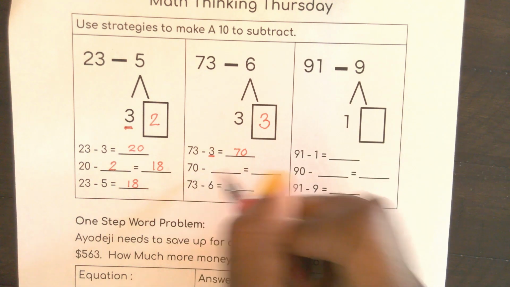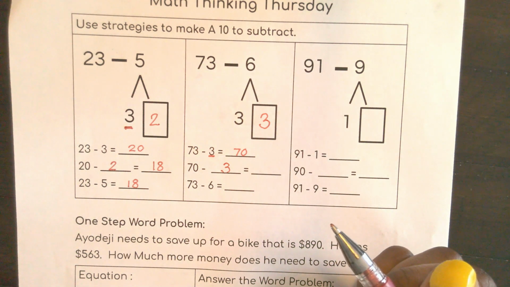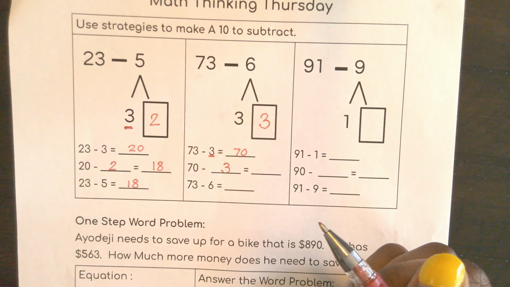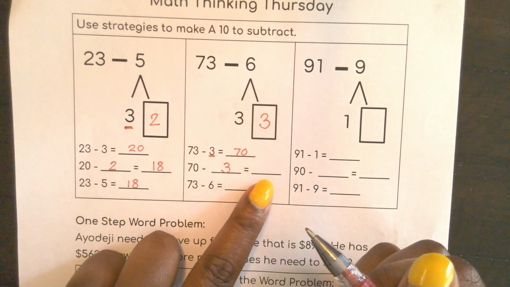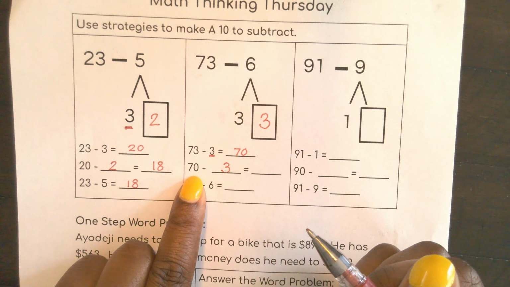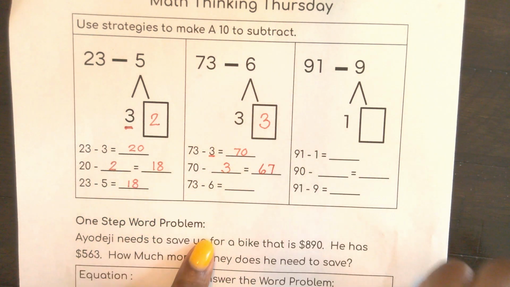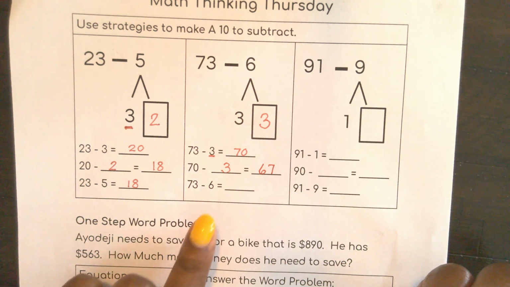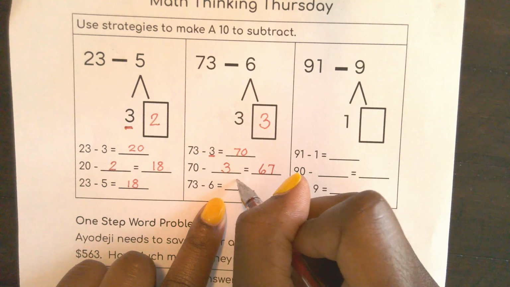So 70 minus 3 would give me what number? Here I have a 10. What do I need to add to 3 to get to 70? You should have gotten 67. So now I know 73 minus 6 is 67.